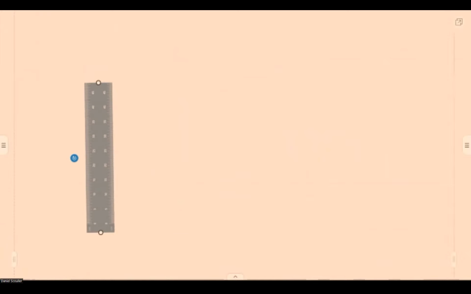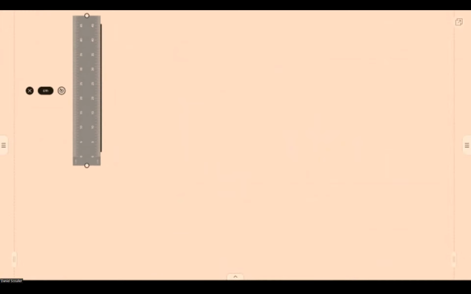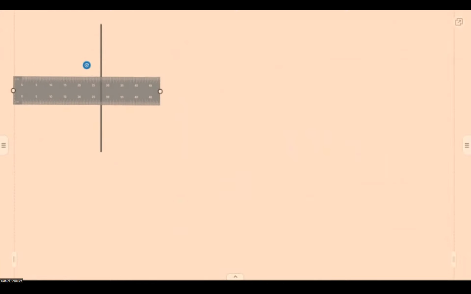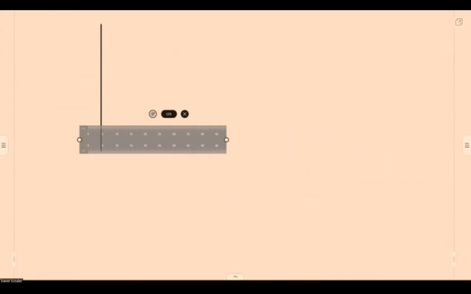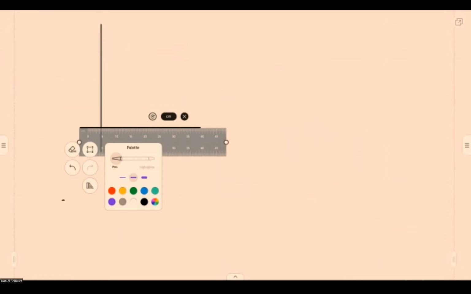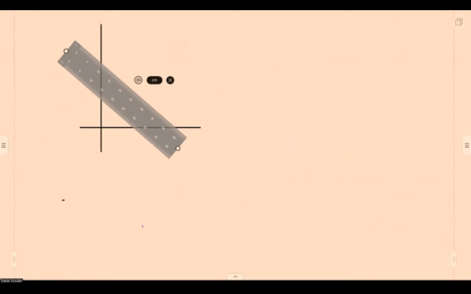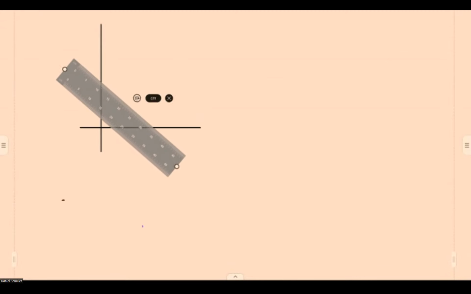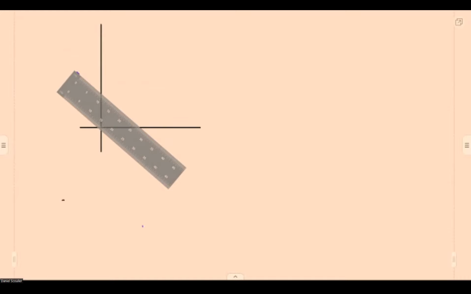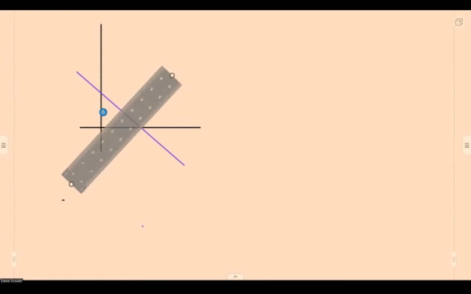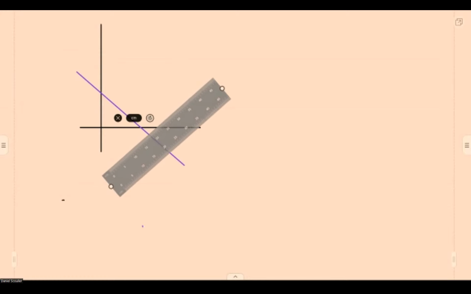Right, let's do it with a couple of lines. That doesn't have to be to scale, it's just a sketch for illustration purposes, okay? So we've got 2 lines.